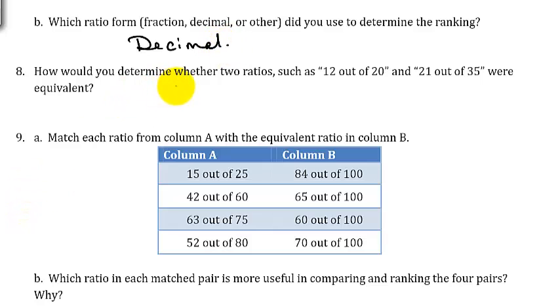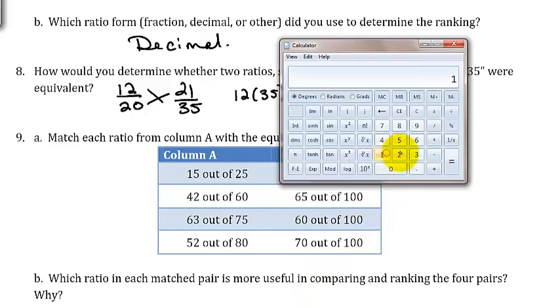How would you determine whether two ratios such as 12 out of 20 or 21 out of 35 were equivalent? There are various ways to do this. The first one is just to do the division like we did in the first problem. The other way you could do this is cross multiply, and 12 times 35, what does that give us?